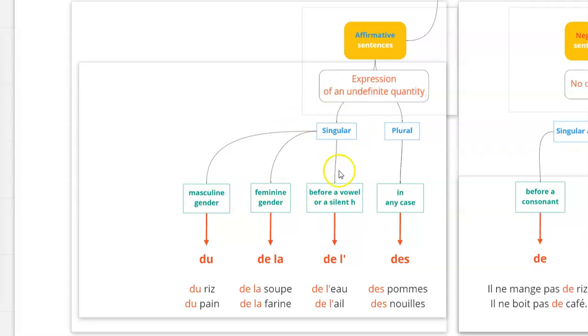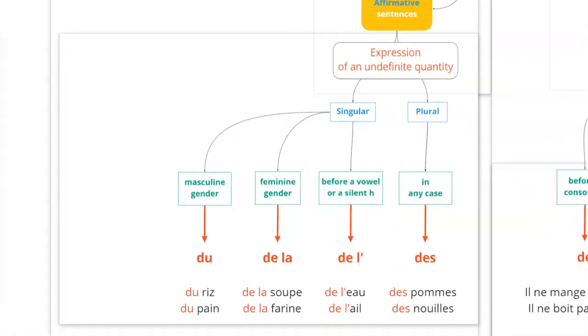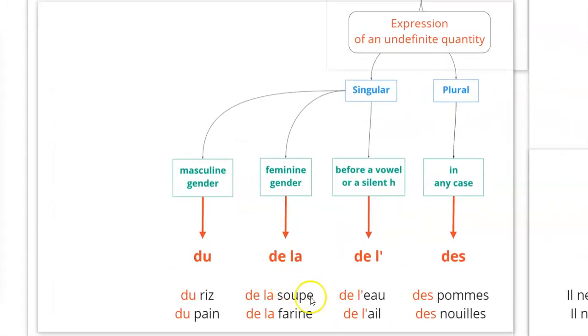First, if the noun is singular, we have 3 cases: masculine gender, feminine gender, or the word is starting with a vowel or a silent H. And the second case is the plural, and in any case it will be the same form, des. Whatever the gender is, masculine or feminine, if it's plural, there is only one form. Okay, let's see the examples given.